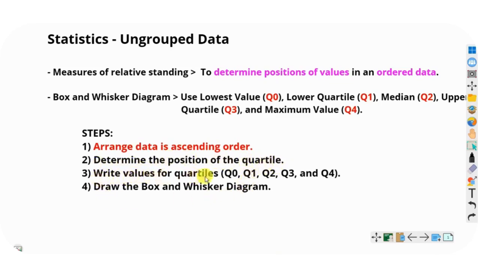Step three, you find the quartile value corresponding to the position that you got. Write down the values Q0, Q1, Q2, Q3 and Q4. Then step four, you use the values of these quartiles to draw the box and whisker diagram.